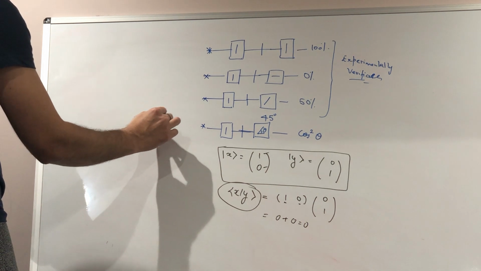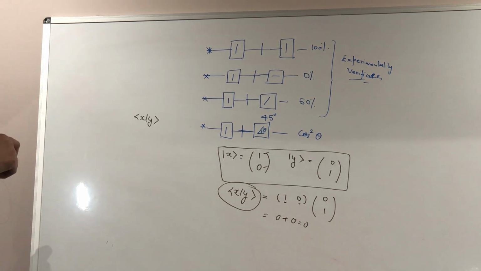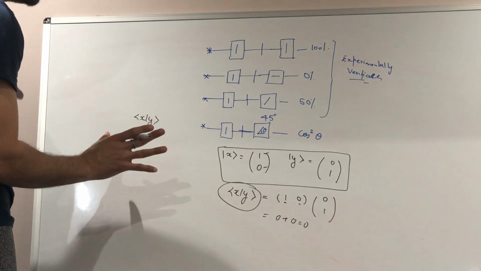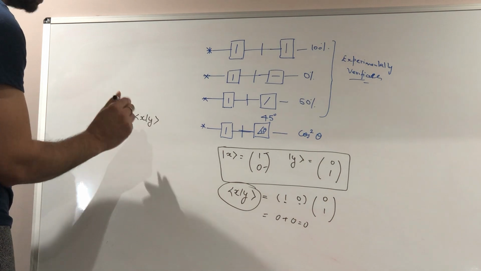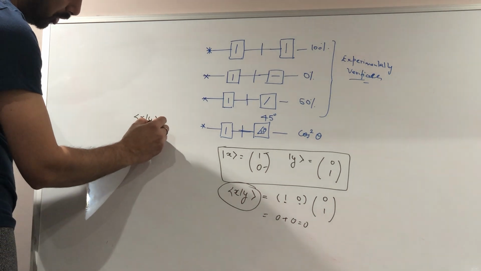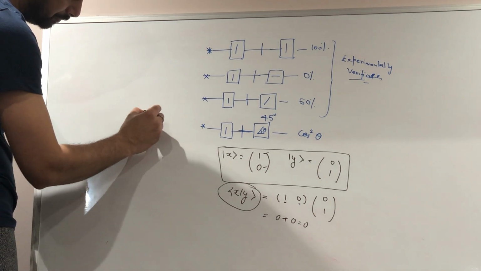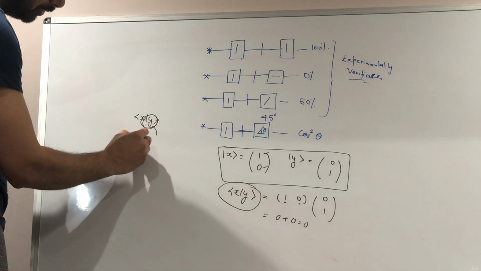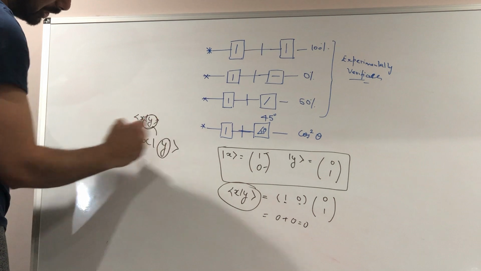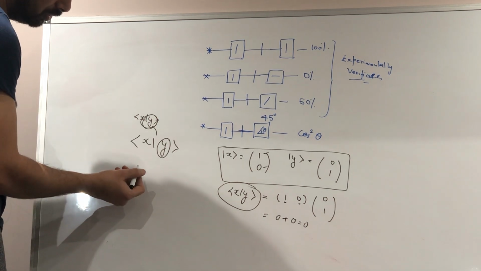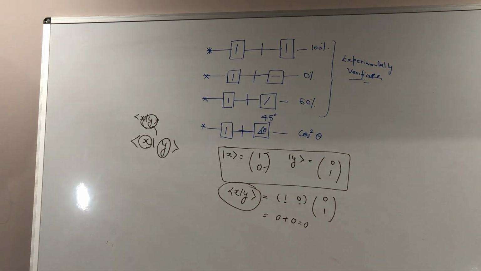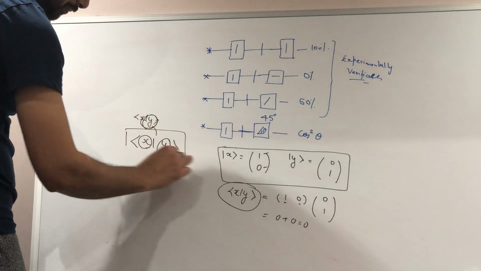The X, Y inner product is quite similar to the scalar product of vectors, but in physics the inner product is defined as follows: if I prepare a polarizer in the Y direction, what are the chances of getting the output in the X direction? This is the physical significance of this term.